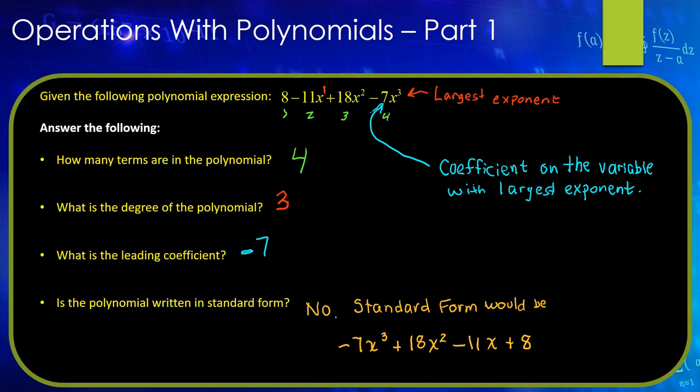And that's why now it looks more like a leading coefficient, because it's in the lead here. It's just not written that way. So keep in mind that the leading coefficient is only going to be the very first coefficient if it's written in standard form. So let's answer some questions on the next page regarding polynomial expressions as well.